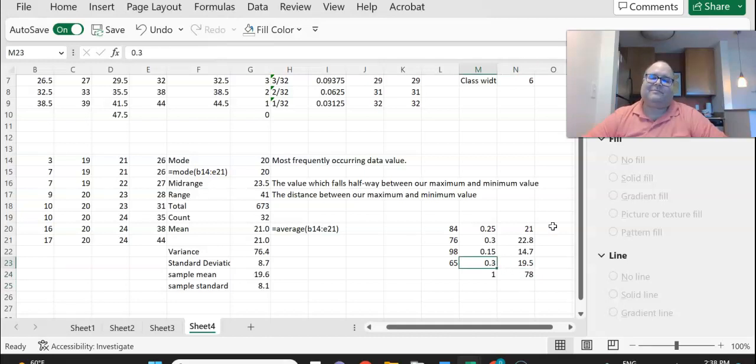So that is the weighted mean. So this is the weight, and this is the score, and this is the weighted score.